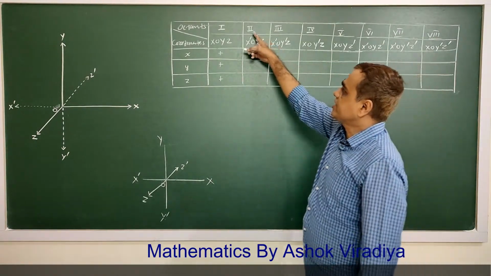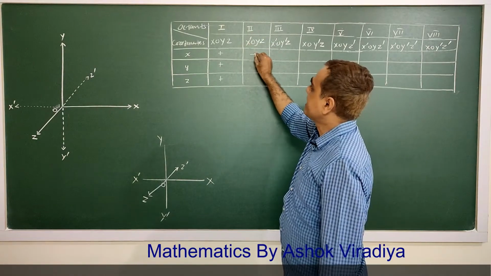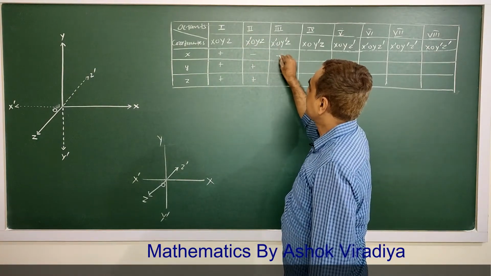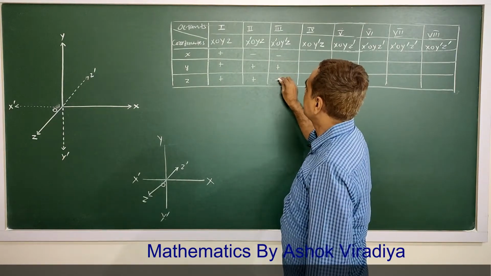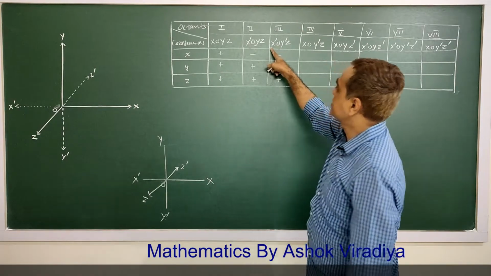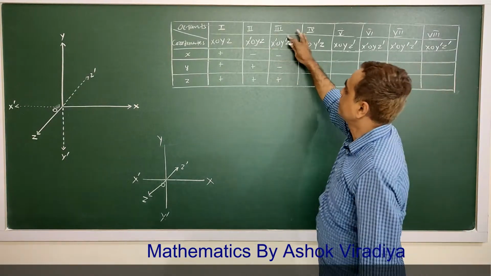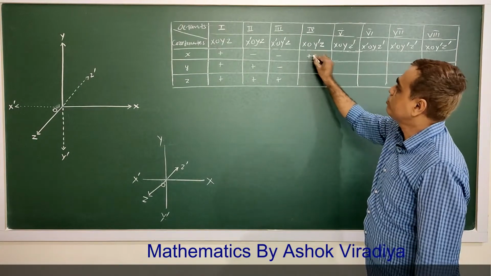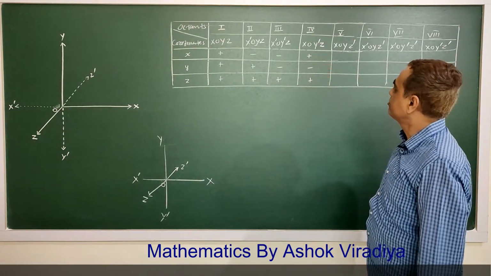If any point is in the second octant, the x coordinate is negative, y positive, z positive. Here x negative, y positive, z negative; y negative, z positive. X negative, y negative, z positive. Dash is over y. Here x positive, y negative, z positive.